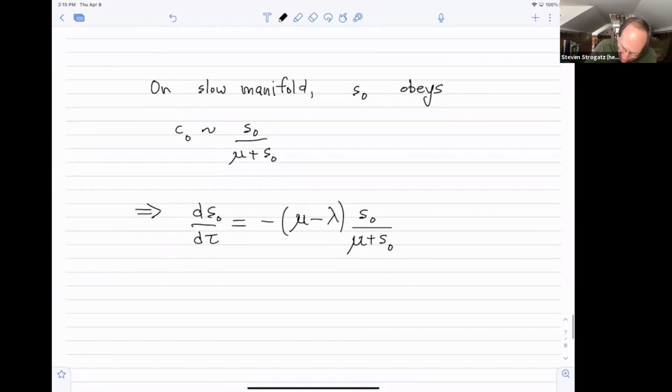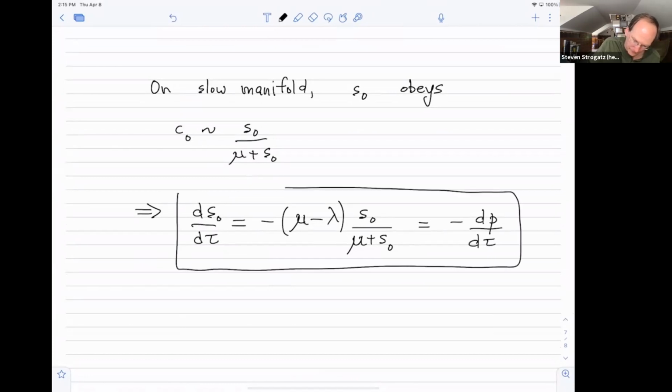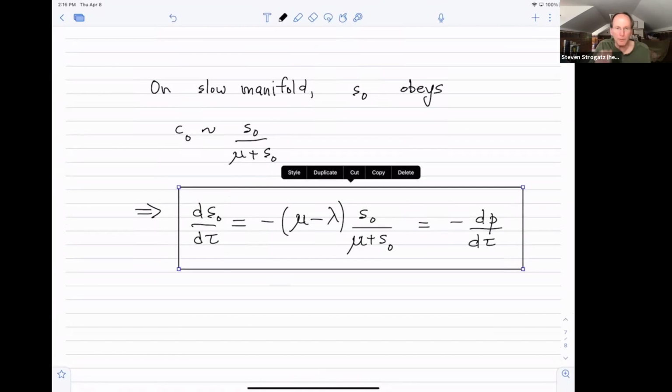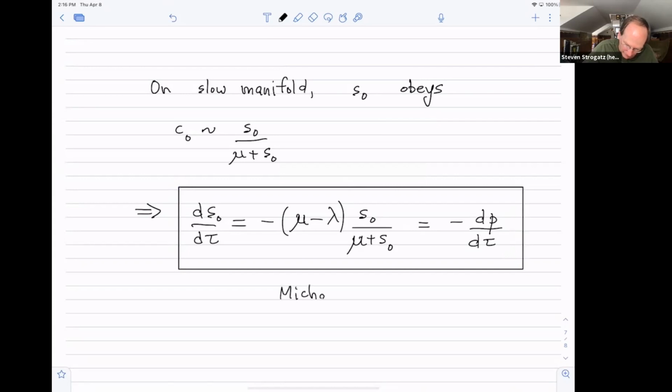And this is also equal to minus the rate of change of the product. And so this thing that I've just written down is what people call the Michaelis-Menten approximation, or the Michaelis-Menten effective rate law, which they derived in 1912.